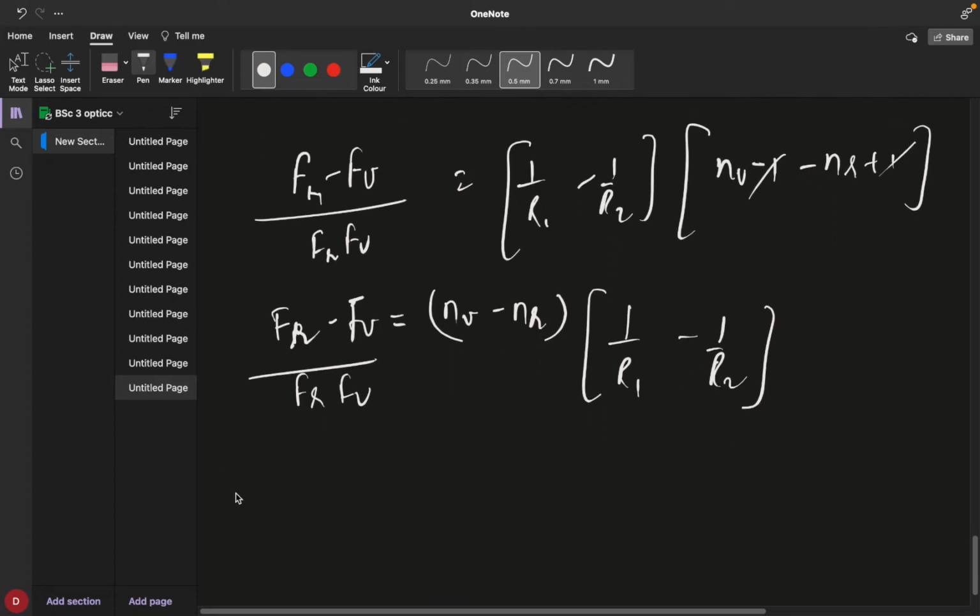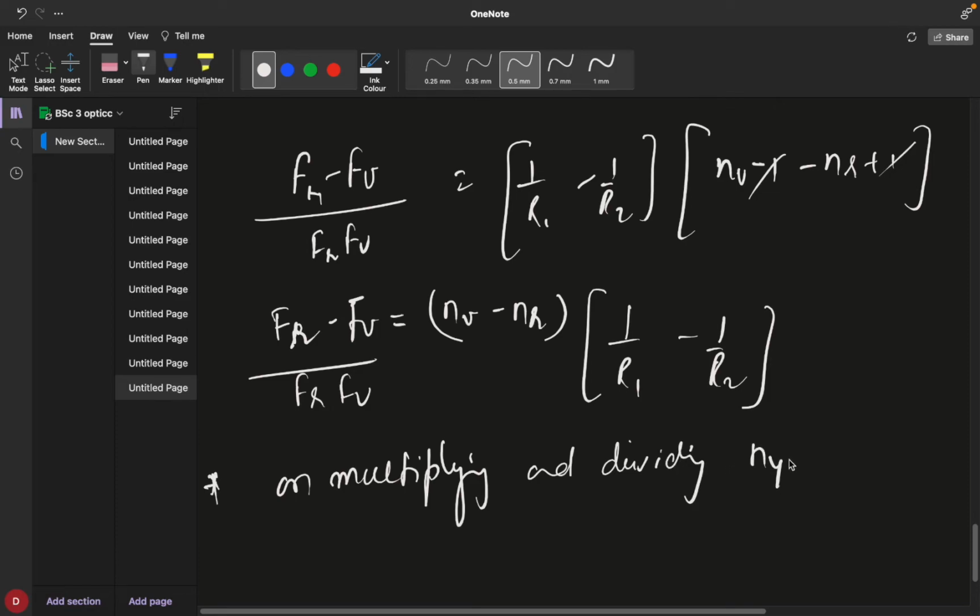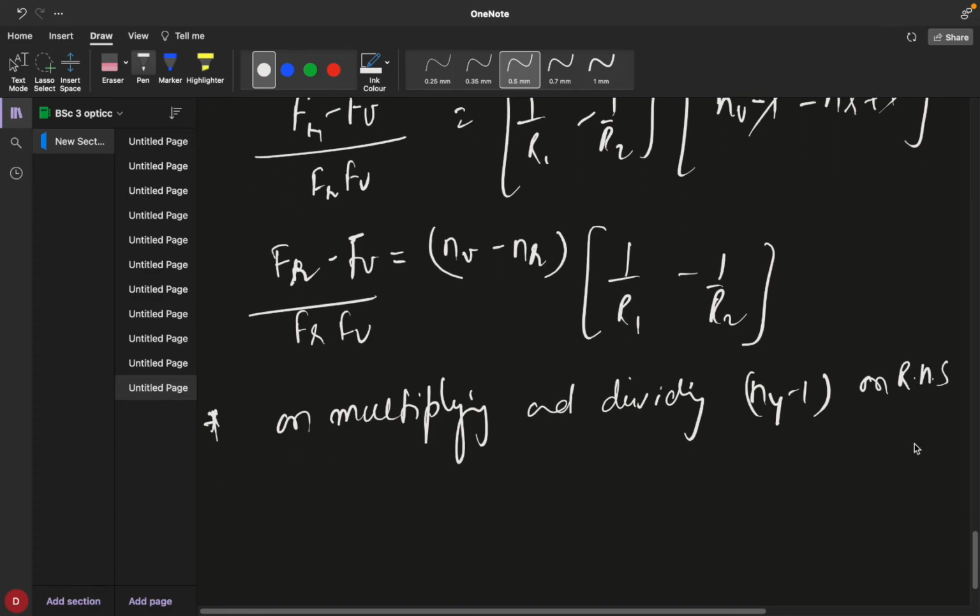Now there is a modification. As a step, we multiply and divide by (Nv minus 1) on the right hand side.